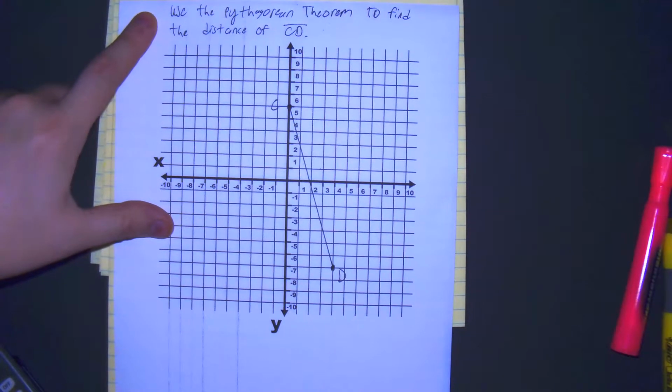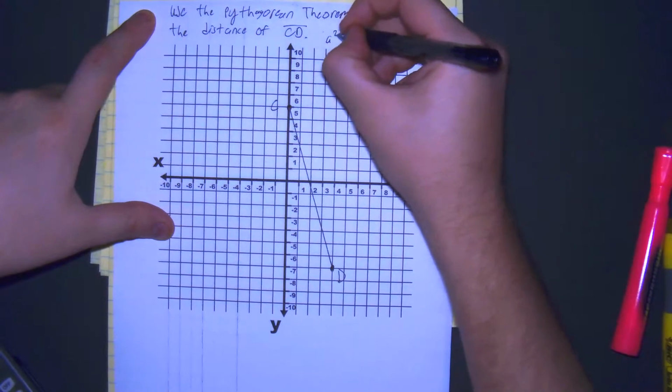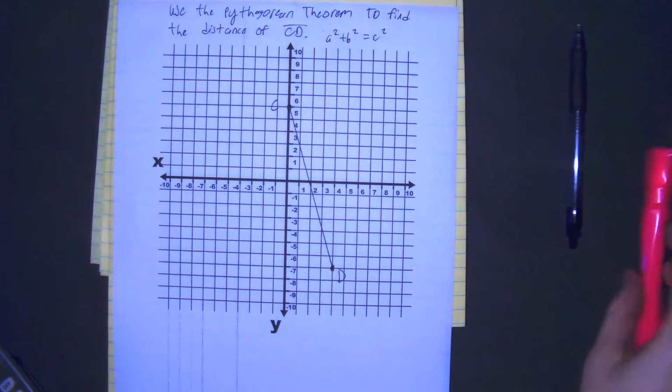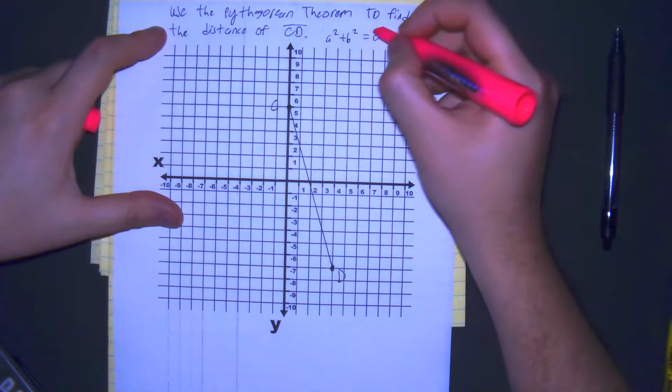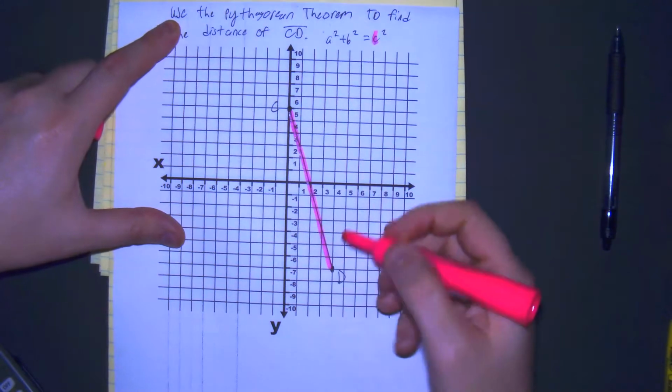Just like the problem we just did before, we're going to use the Pythagorean theorem to find the distance of line segment CD. Pythagorean theorem, as you can recall, a squared plus b squared equals c squared. Here, our c represents the distance between these.